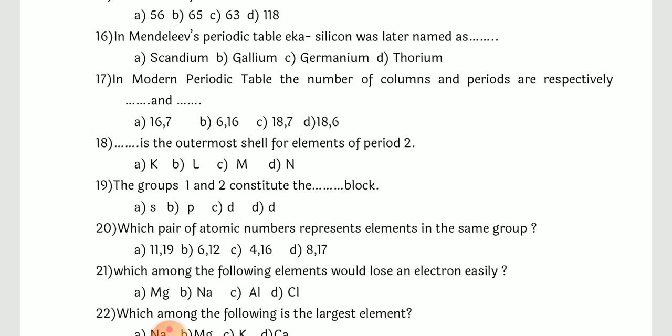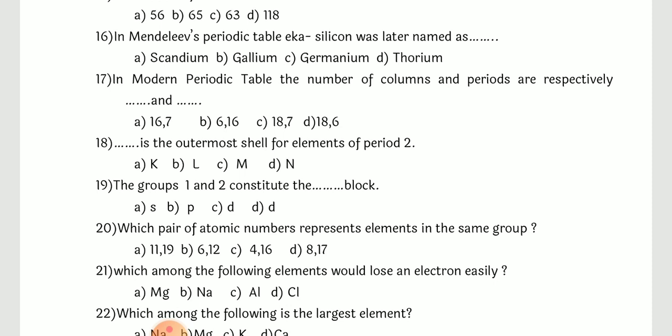Dash is the outermost shell of elements of period 2. Every period is according to the number of shells they have. So first period is having one shell or one orbit. Second period is having 2 orbits. Like that, third period 3 orbits till 7th period. So 7th period is having 7 orbits and each orbit is named as K, L, M, N, O, P further.